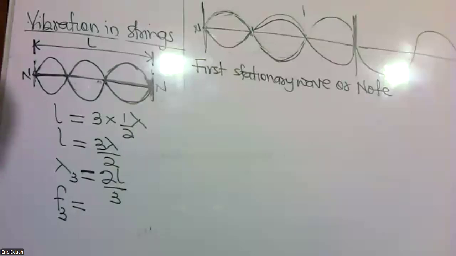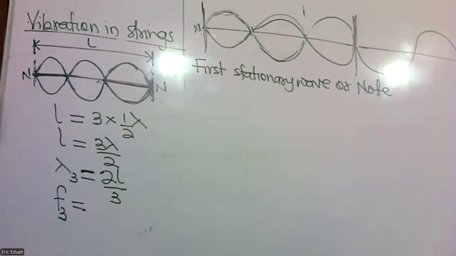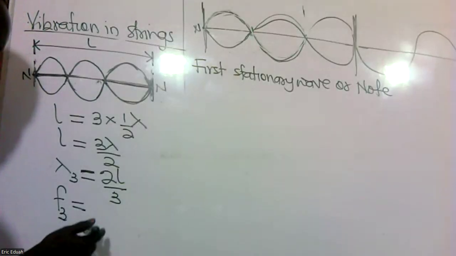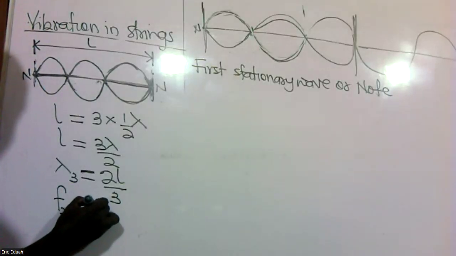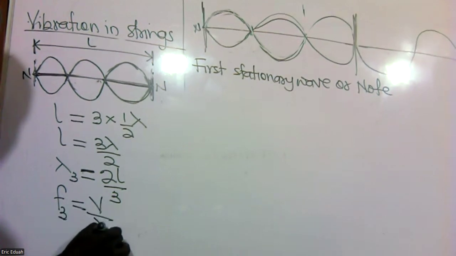Please, 3 times F1. Let's go systematic. So this will be V over lambda 3.